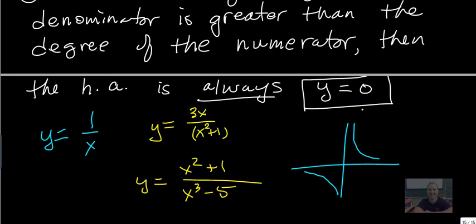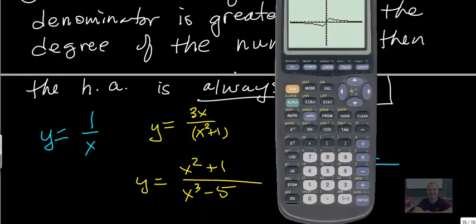Okay, so if we graph both of these right here, 3x over x squared plus 1, if we graph that, look at this. This is 3x over x squared plus 1. Now, you may be wondering, where is our asymptote? There is no asymptote because the denominator here, there is no restricted value.